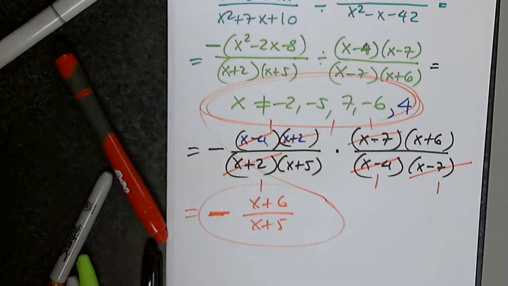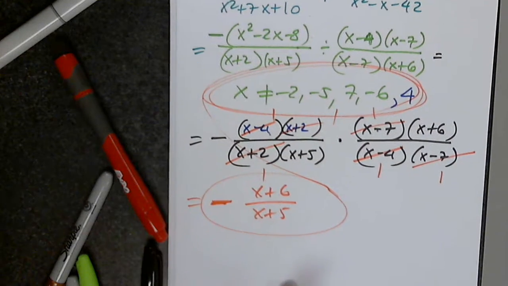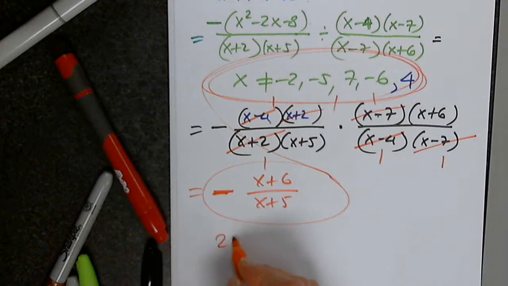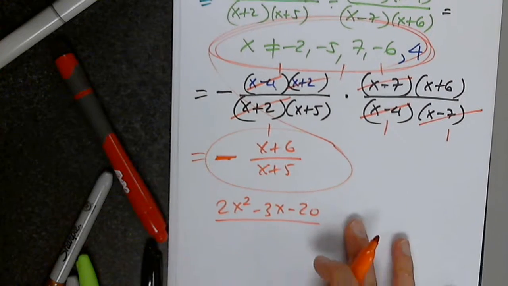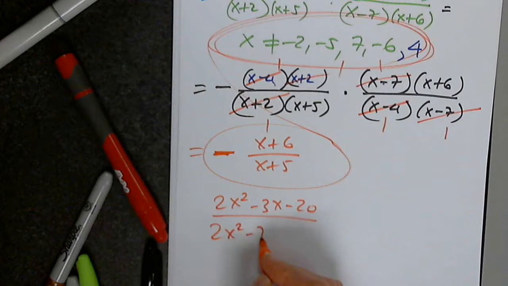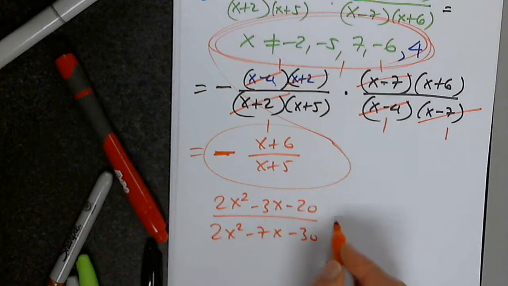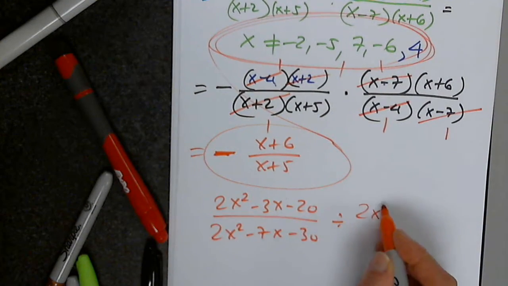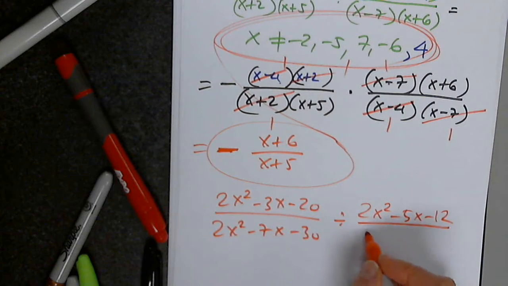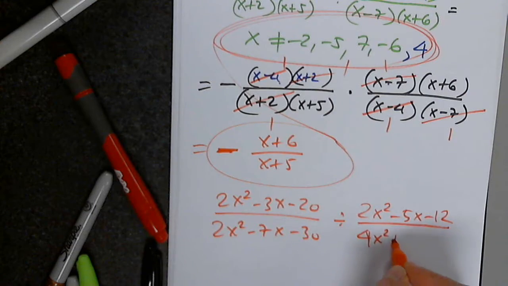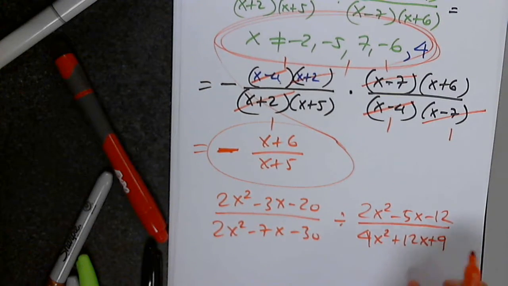Okay. One last one here. Ready? 2x squared minus 3x minus 20 over 2x squared minus 7x minus 30 divided by 2x squared minus 5x minus 12 over 4x squared plus 12x plus 9.